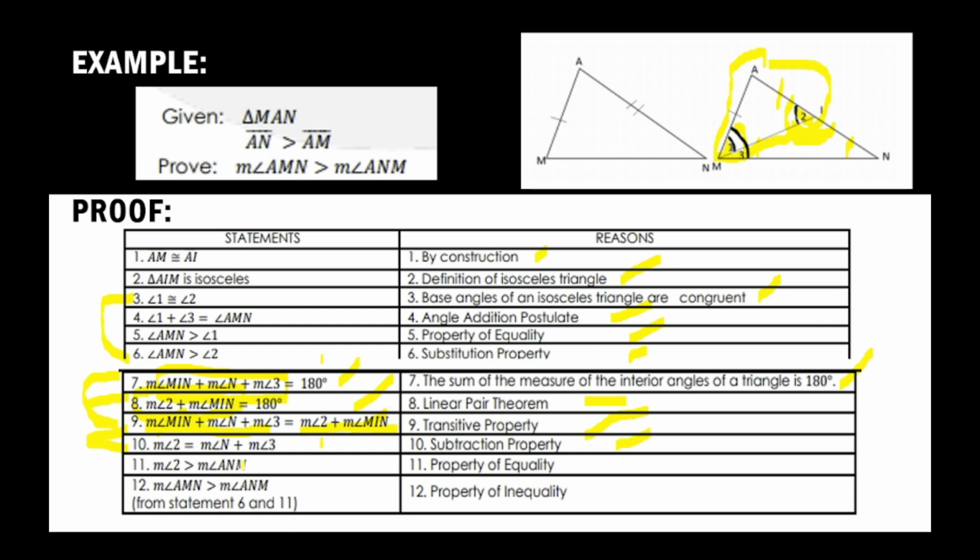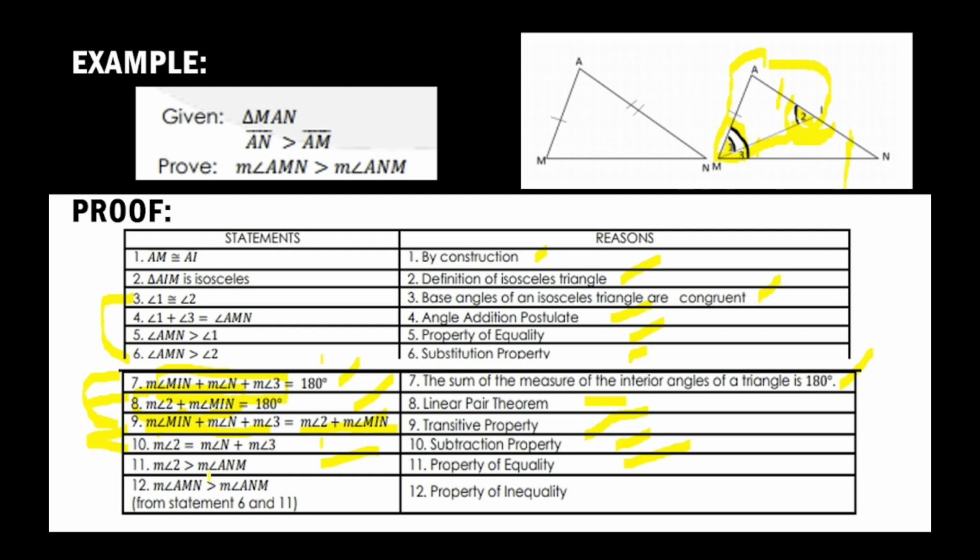Next, the measure of angle 2 is greater than the measure of angle AMN. Where does that come from? That is the exterior angle inequality theorem, one of its two remote interior angles. And then finally, we have the measure of angle AMN, this big one, is greater than the measure of angle ANM.